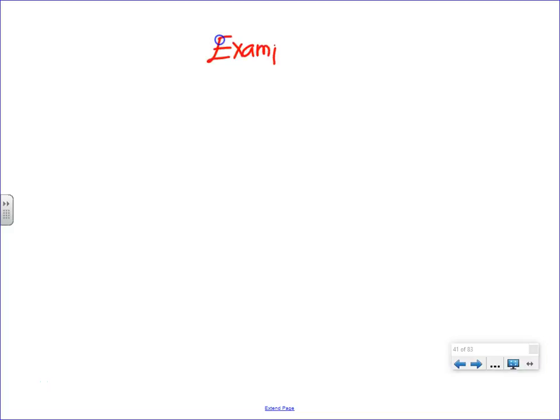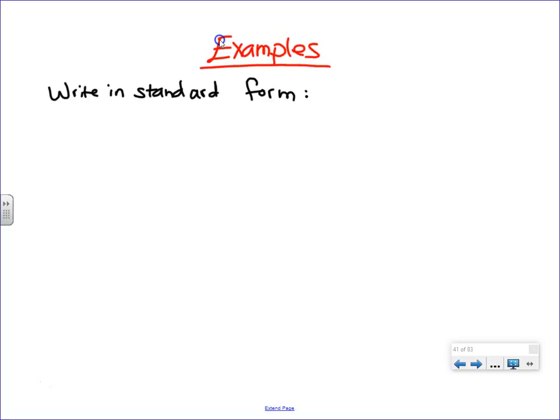We have the basics of where imaginaries come from, so what if I was to say, write in standard form the following, let's do three. And that means the standard form of a complex number.